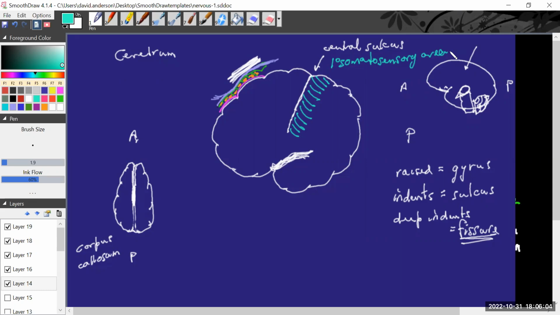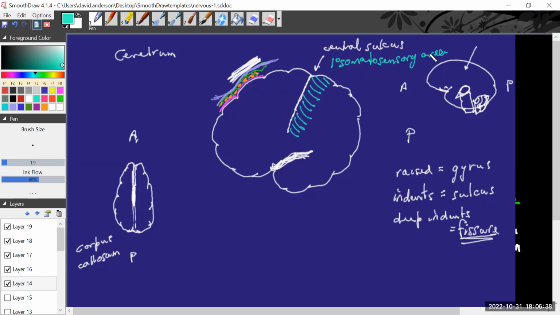This is sensation that's coming from the body. In other words, external receptors. Pain, touch, temperature from the external environment. Receptors that are typically going to be found in the skin between the epidermis and the dermis. So we've got areas in the primary somatosensory area that are dedicated to the baby finger on the right hand. Remember, we're looking at the left cerebral cortex.